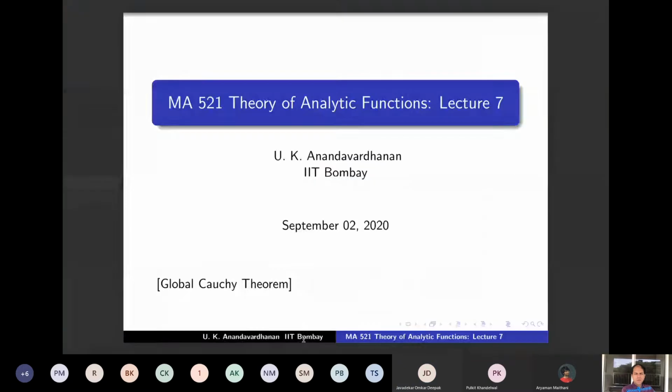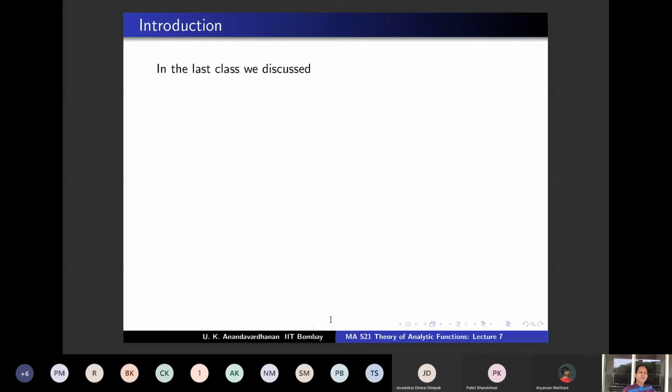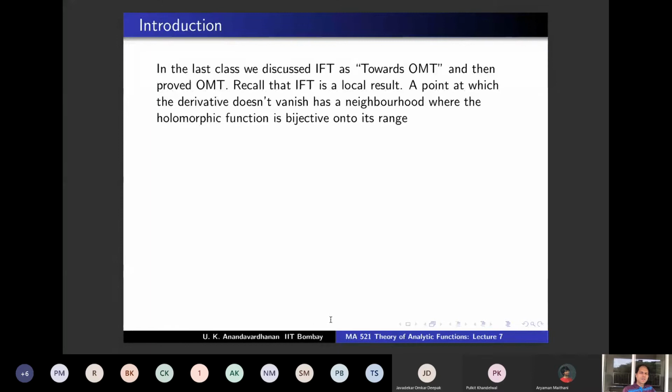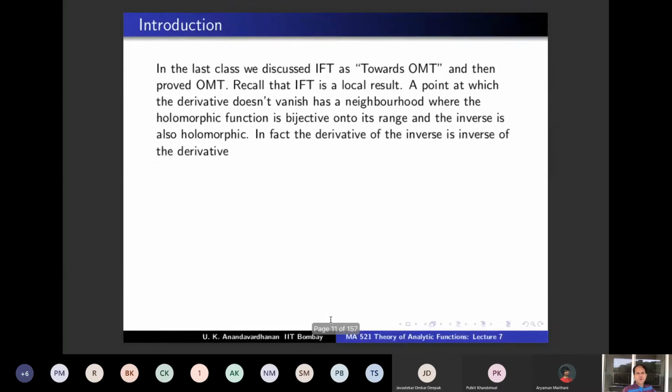Okay, so let's come back to the slides. This much we recalled. In the last class, we discussed the inverse function theorem as a step towards the open mapping theorem. Not just the standard statement of the inverse function theorem, but we also proved that the map is open, and then proved the open mapping theorem. IFT is a local result: at a point where the derivative doesn't vanish, there is a neighborhood where the holomorphic function is bijective onto its range, and the inverse is also holomorphic.